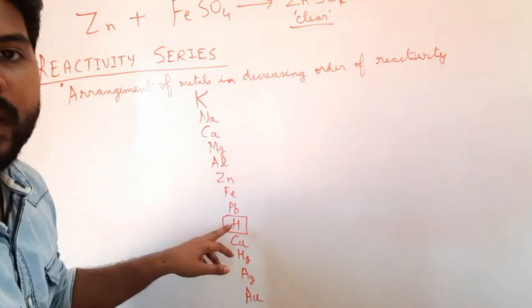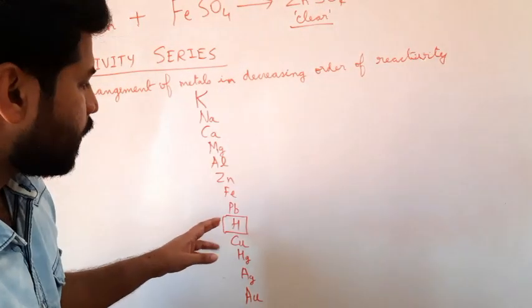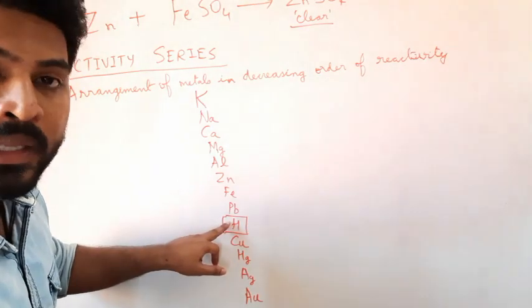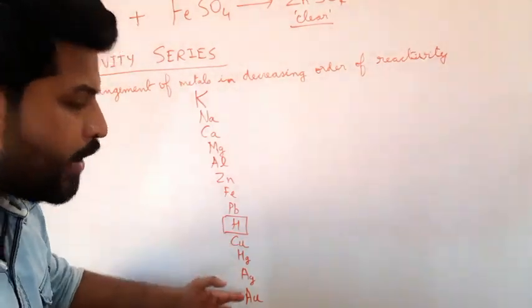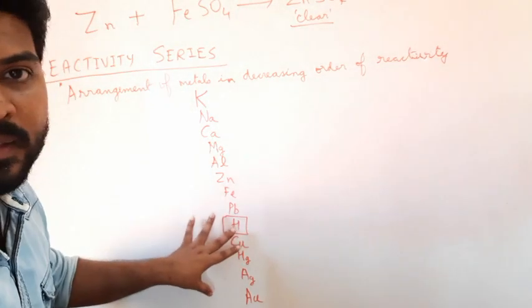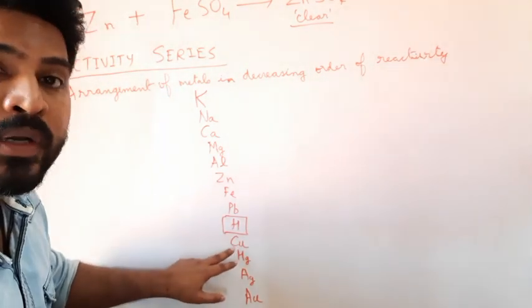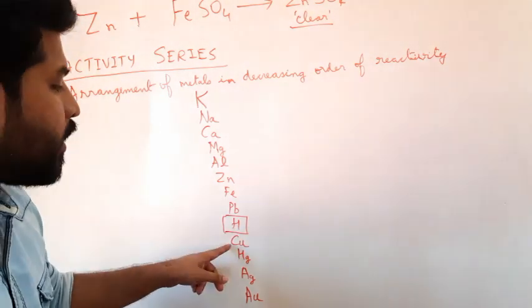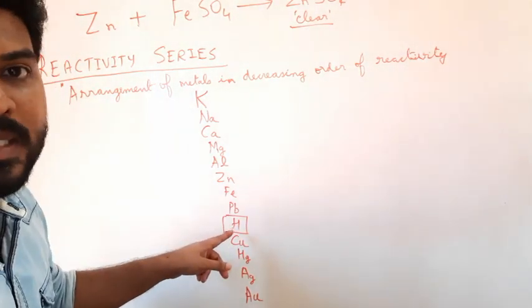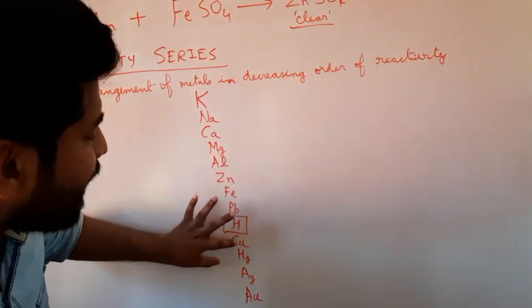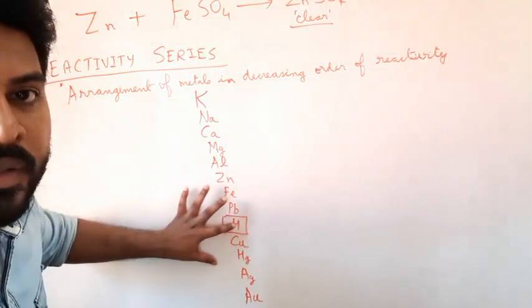So hydrogen is highlighted here because this tells us that all the metals below hydrogen do not show any reaction with acid. These are not able to displace hydrogen from an acid. That is why we saw when copper was made to react with hydrochloric acid, hydrogen gas was not formed, because hydrogen is placed above copper.